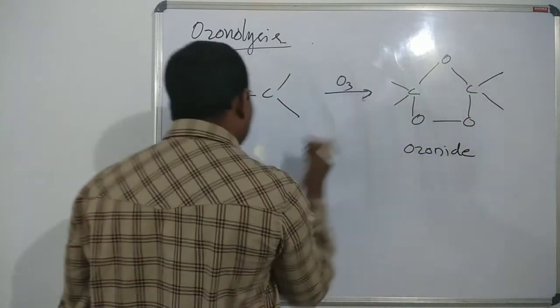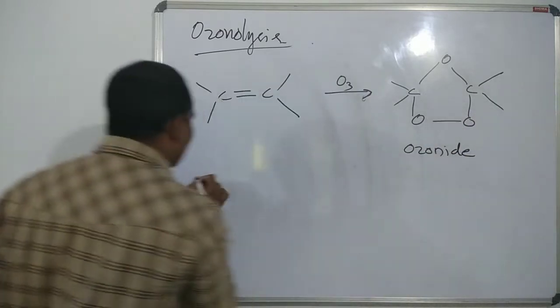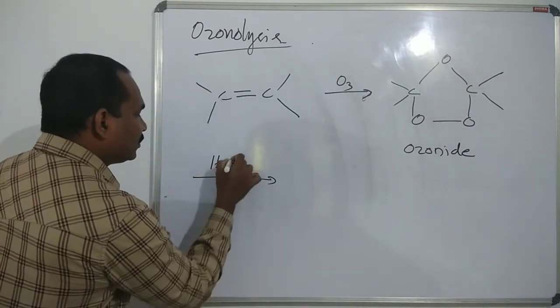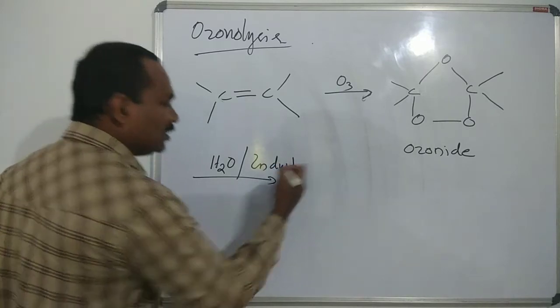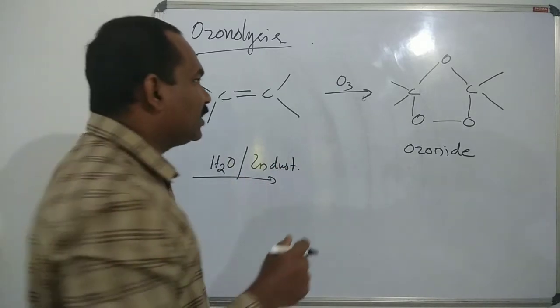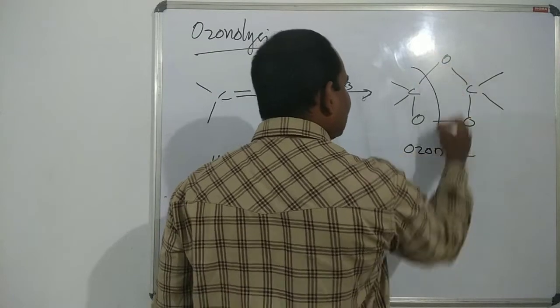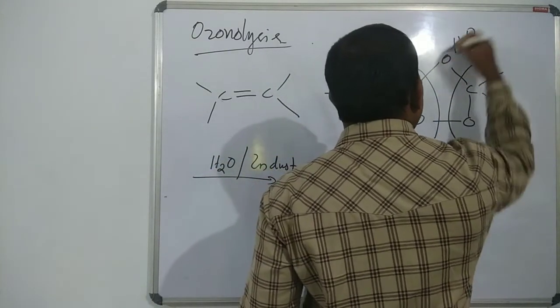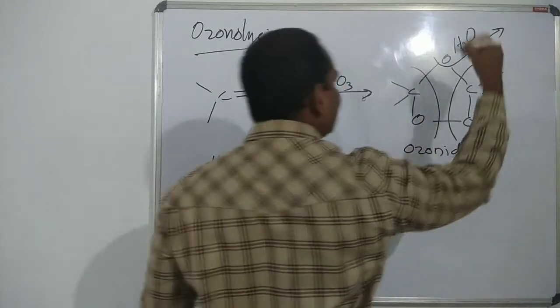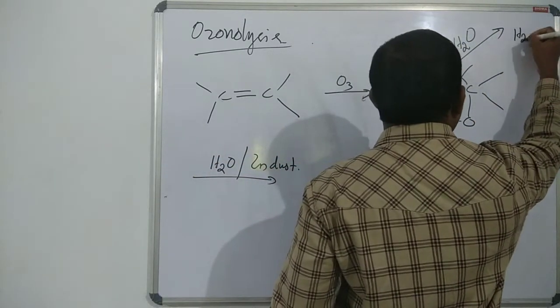This ozonide is treated with water in the presence of zinc dust, zinc powder. The bond breaks like this, and H2O takes the oxygen, which gives H2O2.